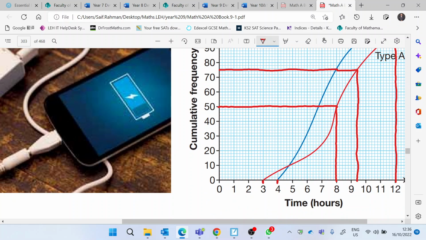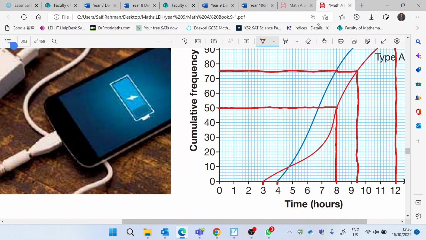You can see here it's between 9 and 10. 1, 2, 3, 4, 5, right? 1, 2 means 4. 9.4 hours is the upper quartile for the red ones, and the lower quartile will be at 25%, which is 7.